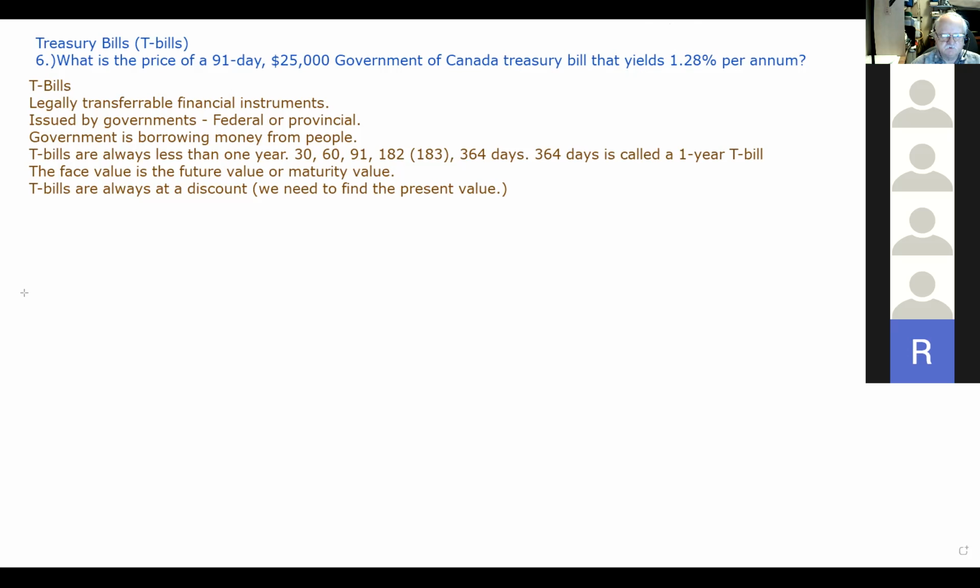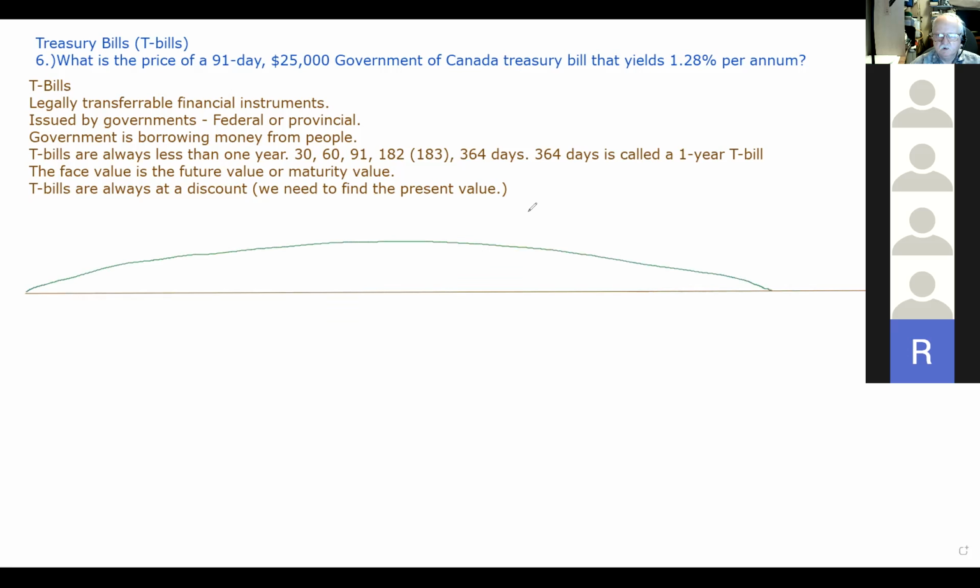But this is still our interest rate. So let's draw a picture here to see what we're going to do with this thing. We know it's a 91-day T-bill, so we can start with our 91 days. And it's $25,000, but that's the maturity value of the T-bill.